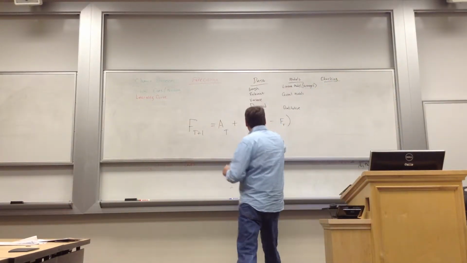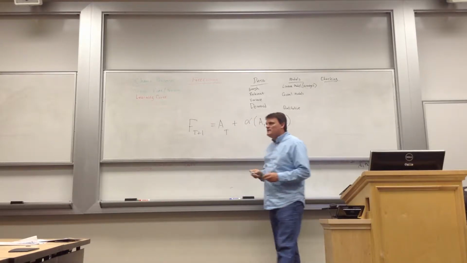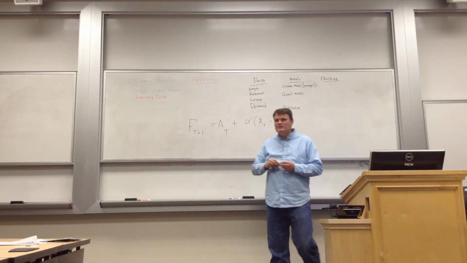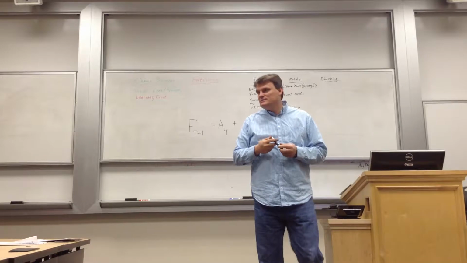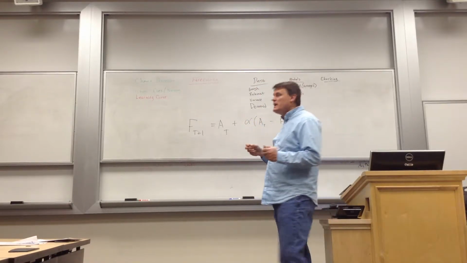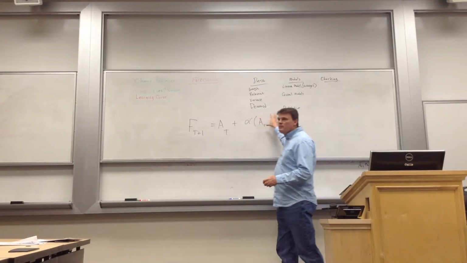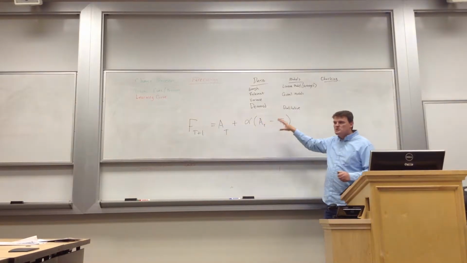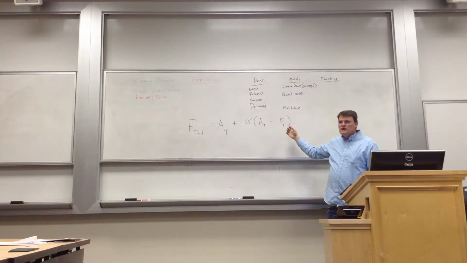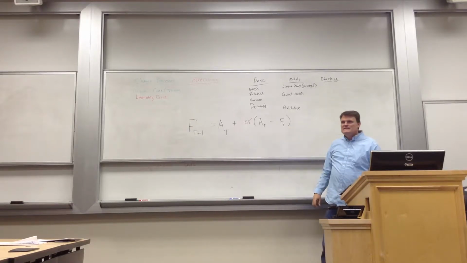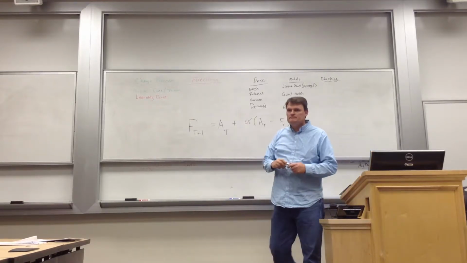And if I throw this on the front, what does an alpha do for me? It's my weight. Yeah. How much do I worry about how much I was off? Does anyone know what we call this forecast? Yeah, this is exponential smoothing.